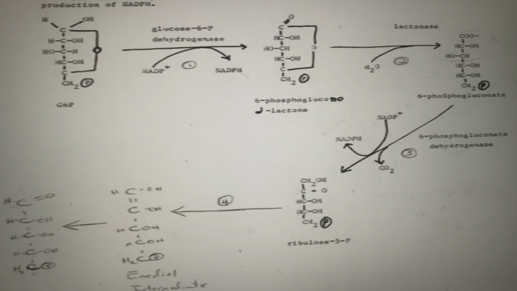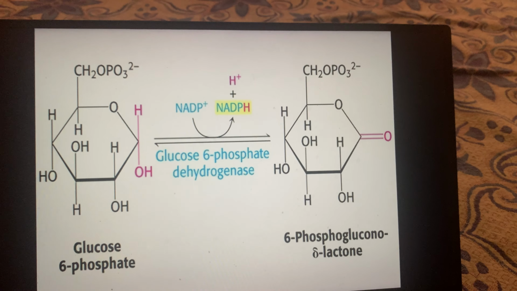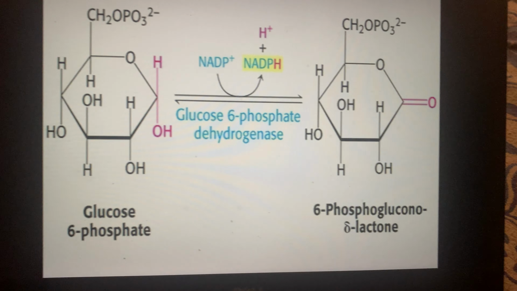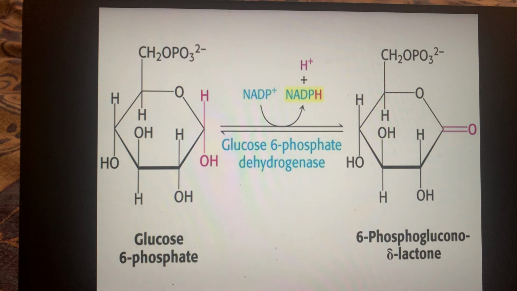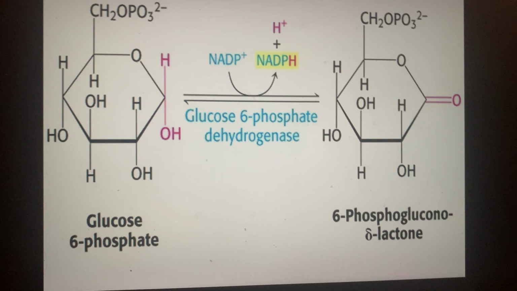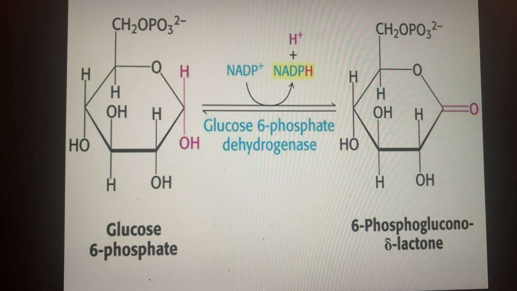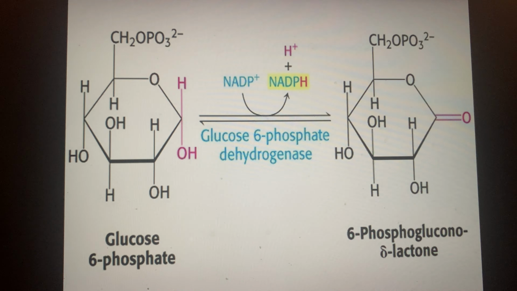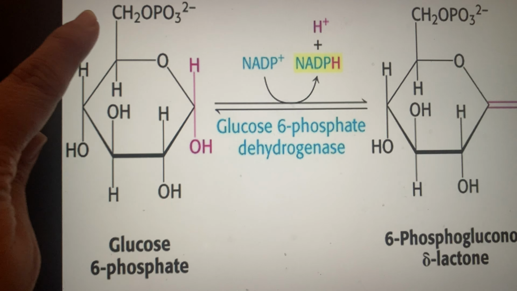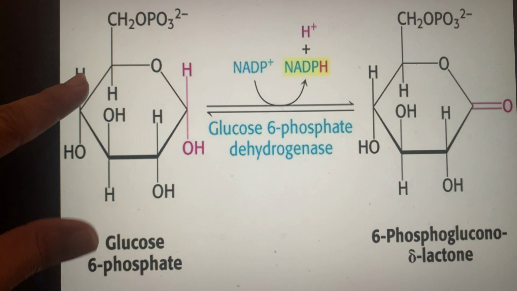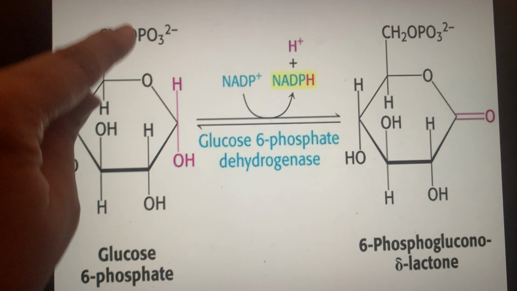So this is the whole oxidative pathway, and in the next step, these are the structures drawn properly to show you all the oxidative pathways for the pentose phosphate pathway. This is glucose 6-phosphate with the carbon number 6.